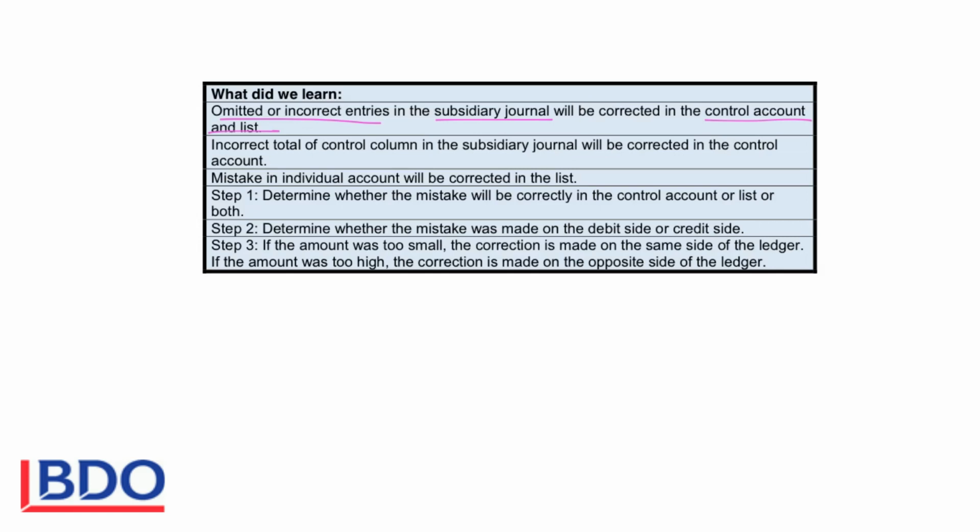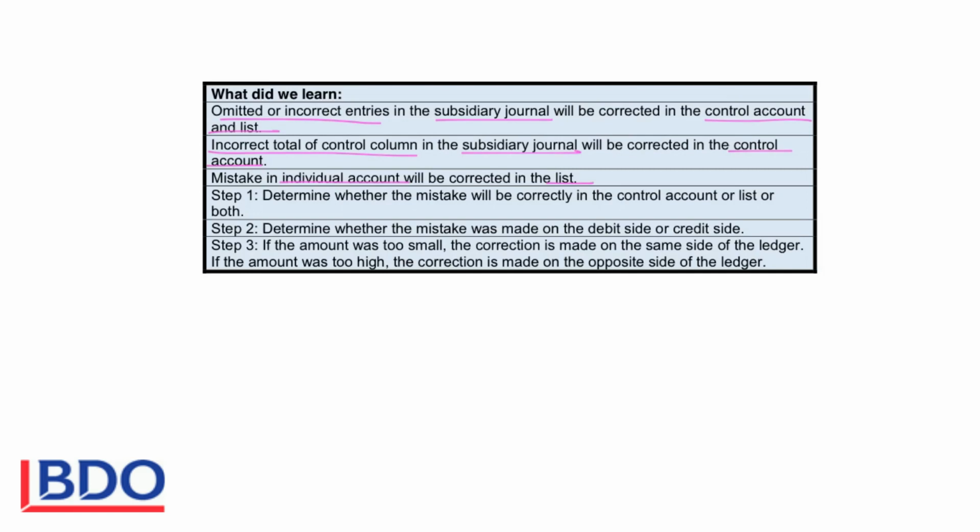If there's an incorrect total on the control account in the subsidiary journal, it means there was no mistake in the journal, so there's no mistake in the list. You will just have to correct it in the control account because the wrong total was taken to the control account. If there's a mistake in the individual account, then it will only be recorded on the list.